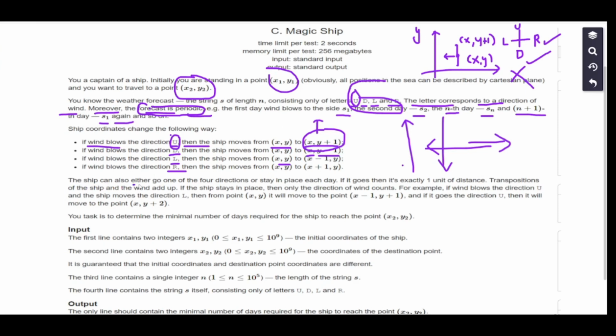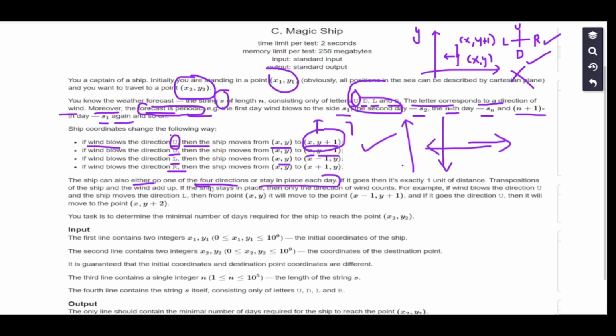The ship can also either go in one of the 4 directions or stay in one place each day. That means this string S defines the motion of the ship according to the wind, while the ship itself has an engine.